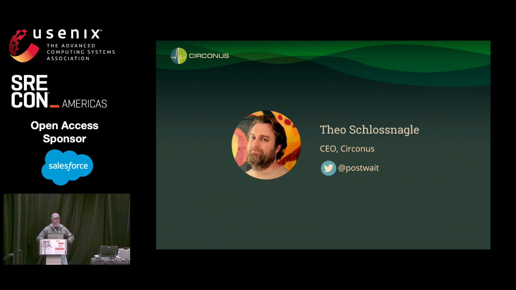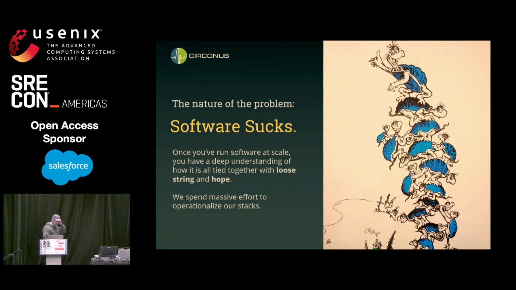And then you took your technology, you open sourced it, you brought it to your new company, and you're like, ooh, where do I put my logs? Where do I put my metrics? Things like that. So the nature of the problem that we're dealing with is that software sucks, and all of it really sucks. I've written probably about 3 million lines of productionized C code in my life. It runs on everything. If you're running an iPhone or an Android, I'm sure you've got some code from me somewhere.